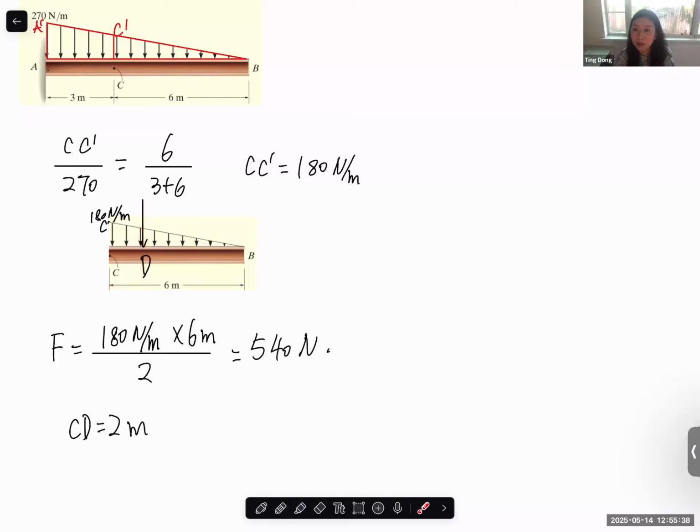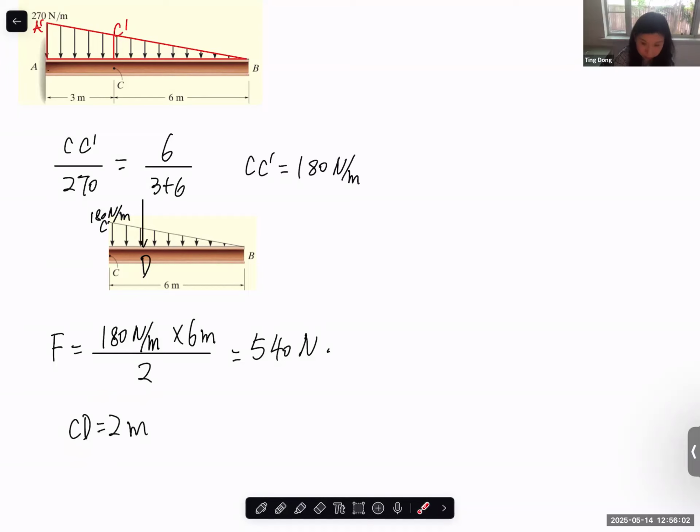That's why it does not affect. We only need to write CD equal to 2 meter. It's the location in the X direction. The Y direction doesn't matter. It does not affect our equilibrium equation calculation. Make sense or not? Yes, thank you. Welcome.